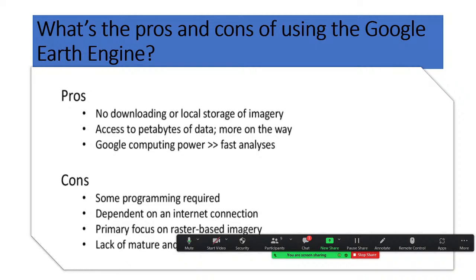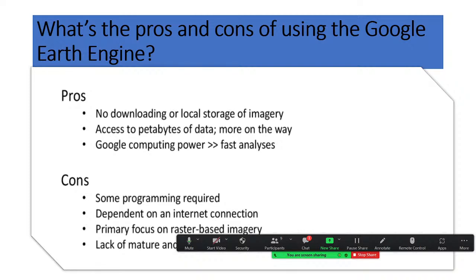But when you work with the Earth Engine platform, you don't need to download any satellite imagery or keep local storage of imagery. We can access all of the satellite imagery using the Google Earth Engine data catalog, and this data catalog already includes all of the satellite imagery. We can easily access 40 years of satellite imagery here. And recently Landsat 9 was also included.